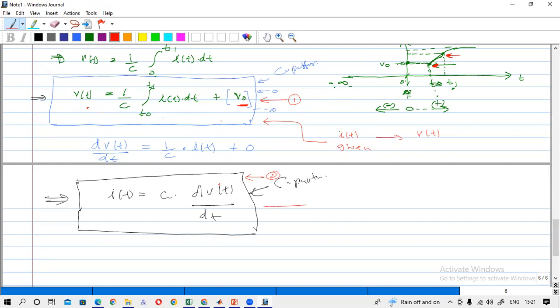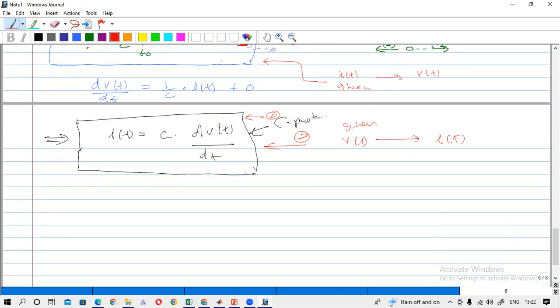And if the voltage is given and we are asked to find the current, I use equation 2. So in most cases it will be okay, but sometimes that approach may not be good. But you can have that kind of idea of how to choose the equation. We will go forward and try to figure it out.